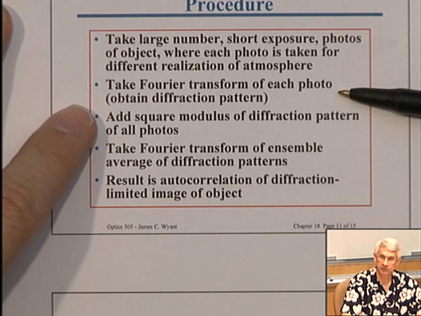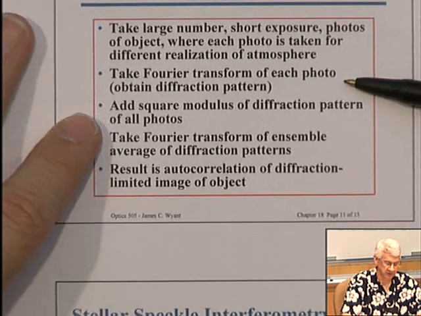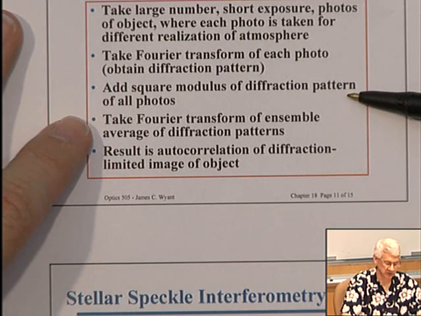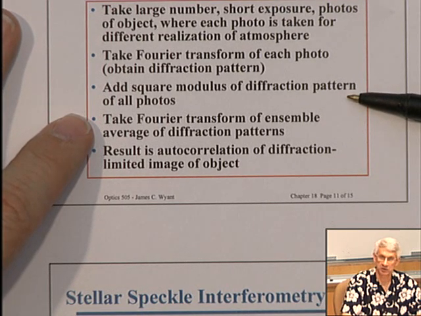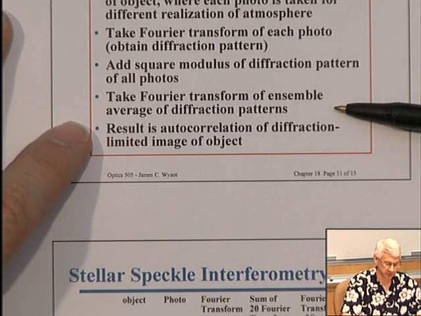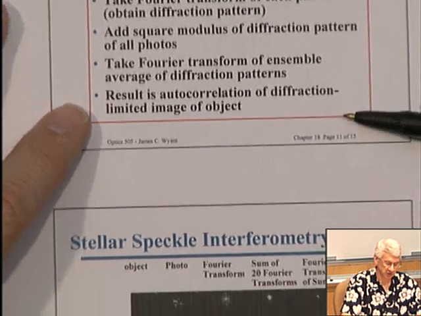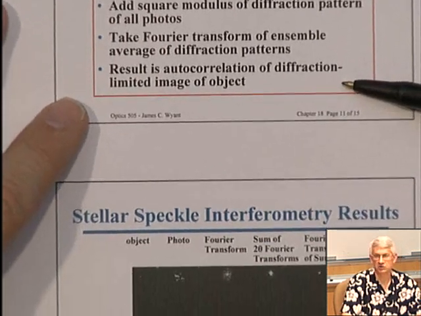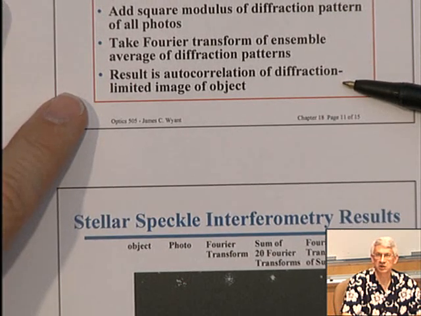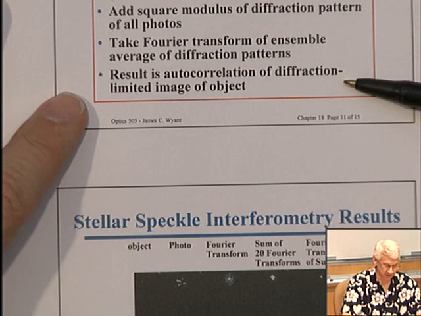And then you take the Fourier transform of each photograph to obtain different diffraction patterns. You add the square modulus of the diffraction patterns of all the photos, and then take the Fourier transform of the average of the diffraction patterns, and the result is the autocorrelation. You don't exactly get an image back, but you get the autocorrelation of the diffraction limited image of the object.